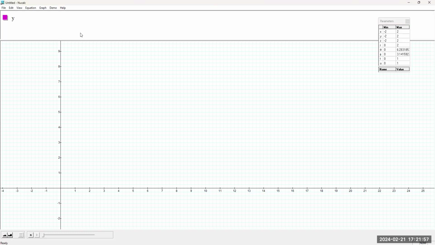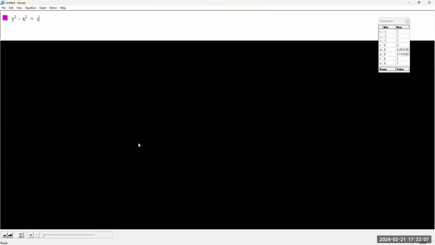Let's see, y squared minus x squared equals z. What does it look like? Oops, too fast. What happened? Hold on. Something is not right.